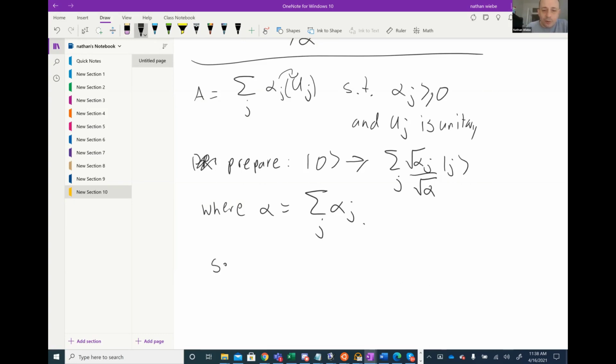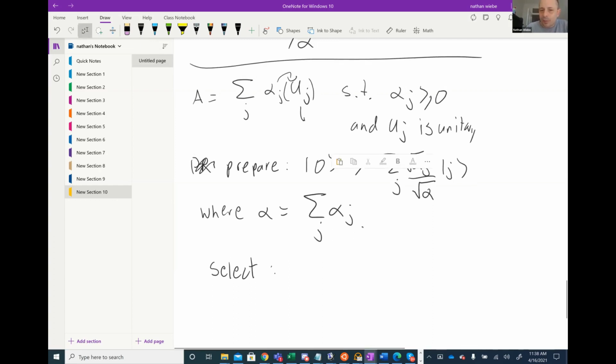The next thing we're going to assume is that we've got a select operation. And what select does is it feeds into the quantum simulation the information about what the UJs are, just like prepare feeds into the quantum simulation the definition of what the alphas are.